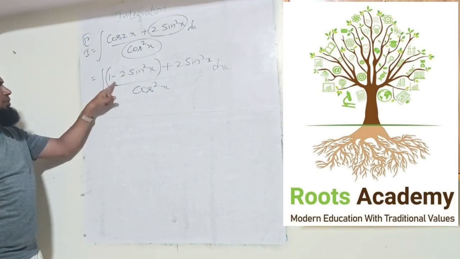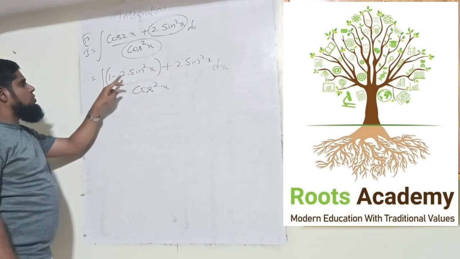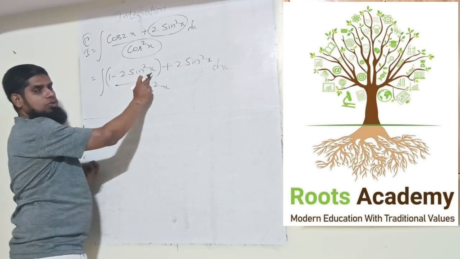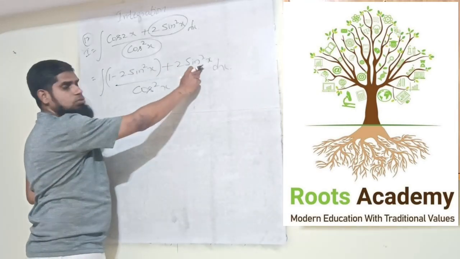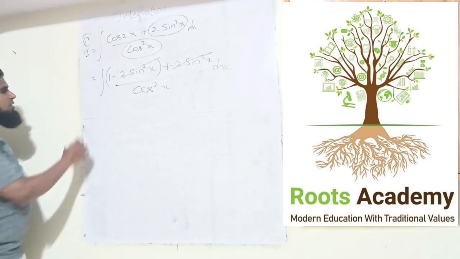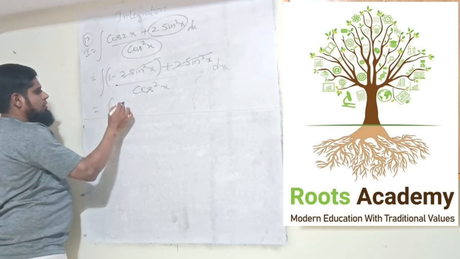Now students, if you see the numerator, we have totally 3 terms in our numerator. In that 2 terms are same with opposite sign. There is a negative 2 sin square x and here is a positive 2 sin square x. So both will get cancelled. So what is left out in the numerator? It is 1, denominator cos square x.